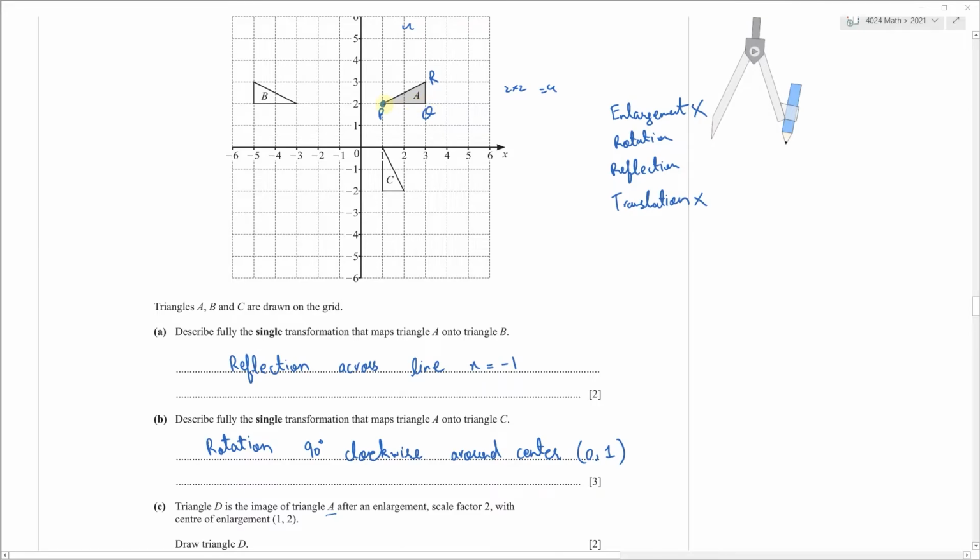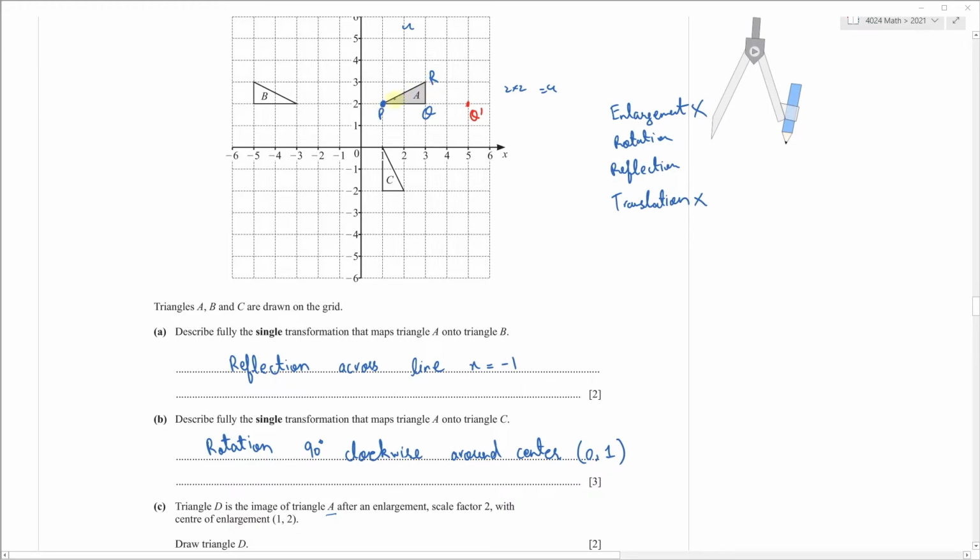So distance of 4 from the center of enlargement, 1, 2, 3, 4. So this will be Q prime. Let me actually write it in red. So this is Q prime. So the distance is double as compared to the object because scale factor is 2 and it's in the same direction. If it was negative 2, we would have gone in the opposite direction from the center of enlargement.